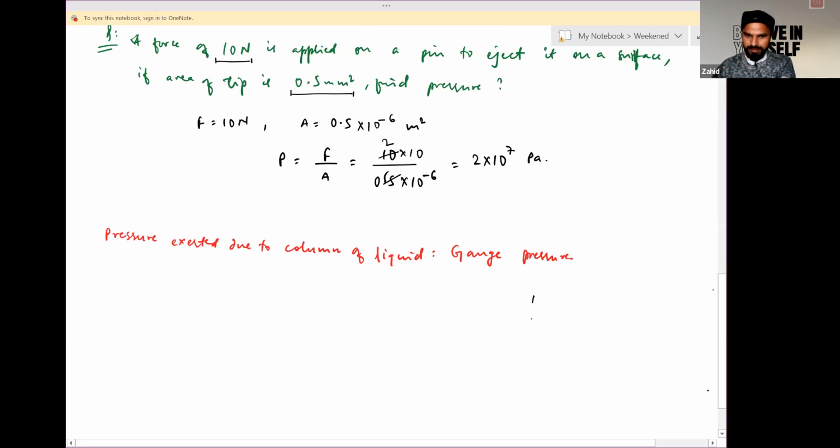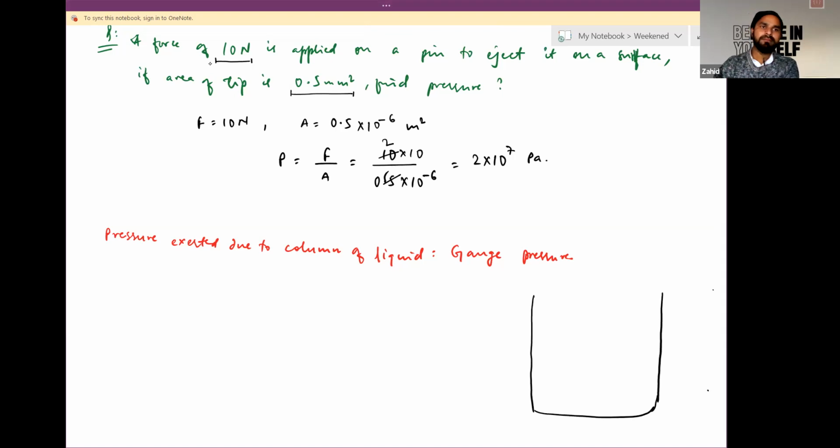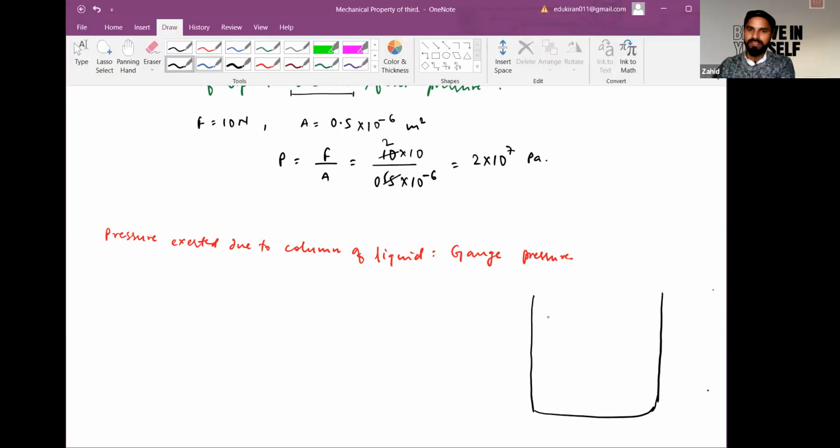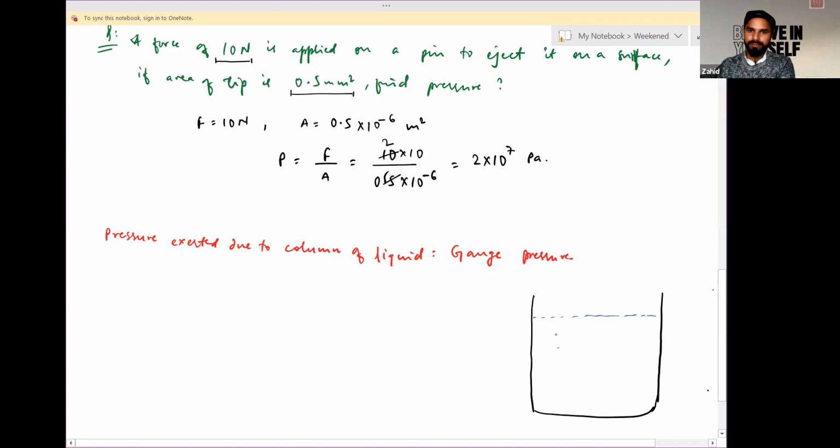Suppose there is a container in which liquid is filled up to this level, like this.